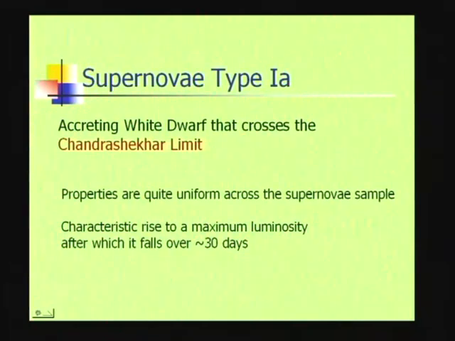So, the luminosity starts from a low value of a typical white dwarf, and then it rises to a maximum value, after which it falls gradually over an extended period of around 30 days. Okay, which gives you a substantial amount of time to measure this.